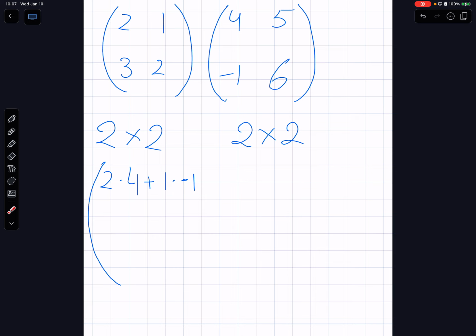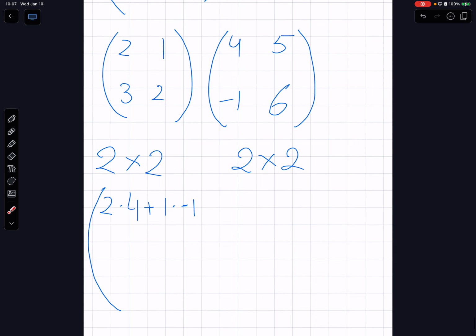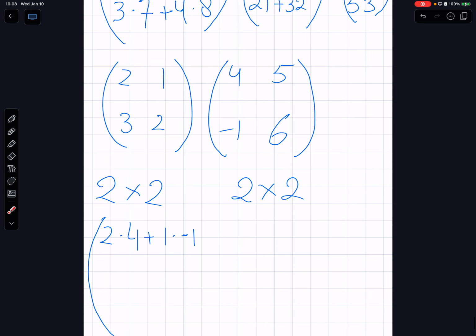Another question. If the row matches the same number as the column for both matrices, does that mean it always has to be row times column? For this one, the first two numbers, is it meant to signify the row or the column?